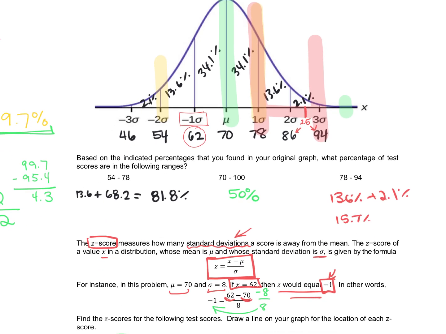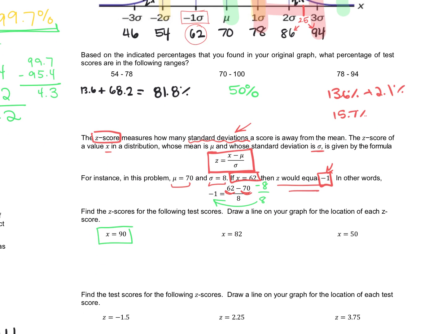So let's look at that calculation again. And so what we're saying is that z-score, how many standard deviations away, we'll take 90 minus the mean divided by the standard deviation. You get 20 divided by 8, which is 10/4, which is 2.5. That's the z-score that we expected. So you can kind of use the graph.